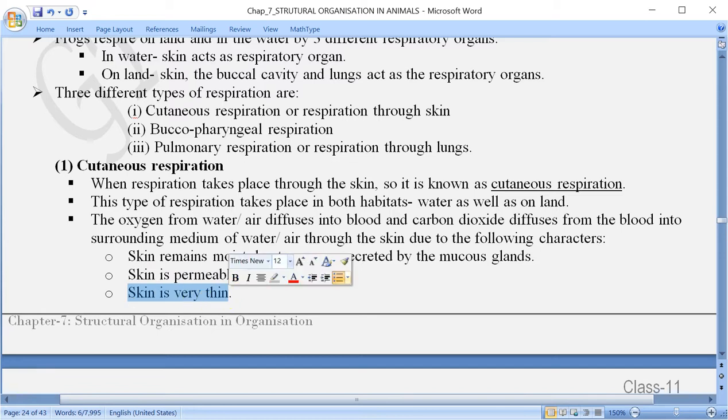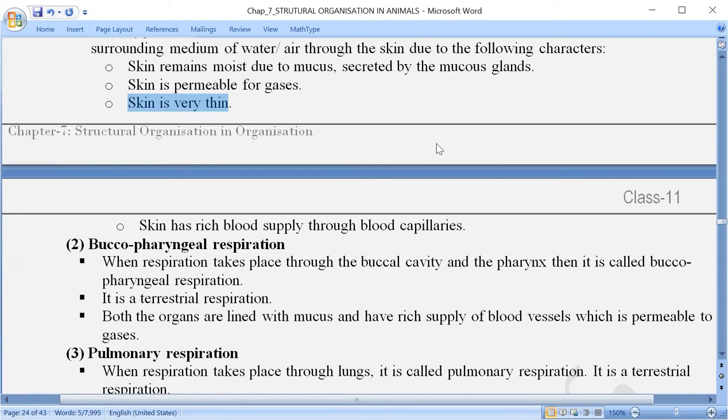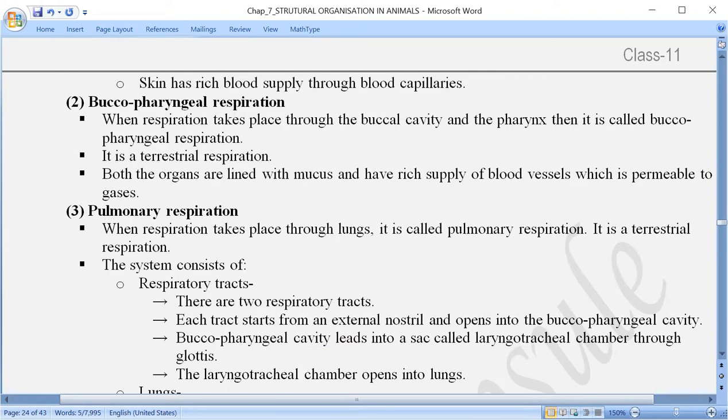As a result, it becomes very easy for the diffusion of oxygen and carbon dioxide. And the fourth is the skin has a rich supply of blood. That means the blood capillaries are present in which the blood flows.